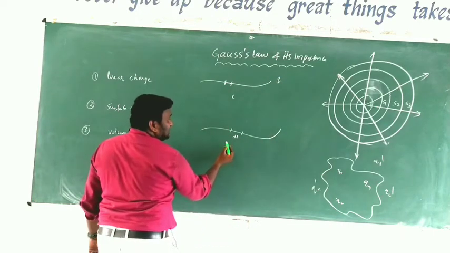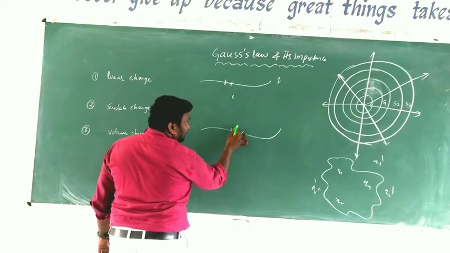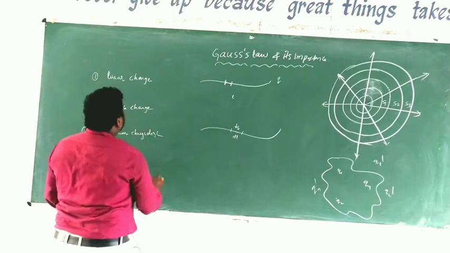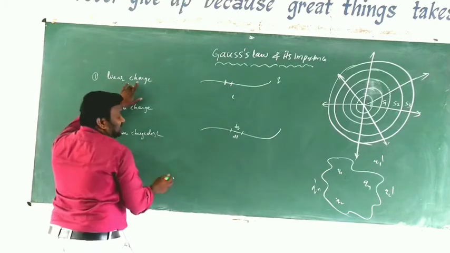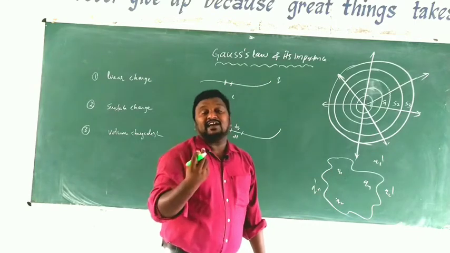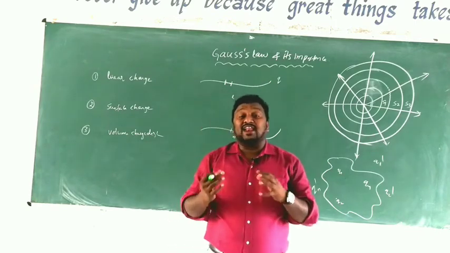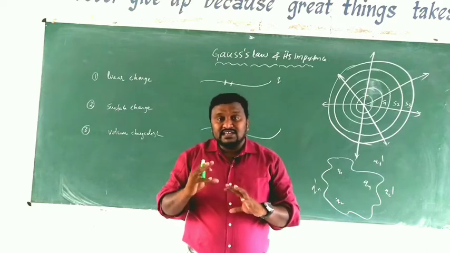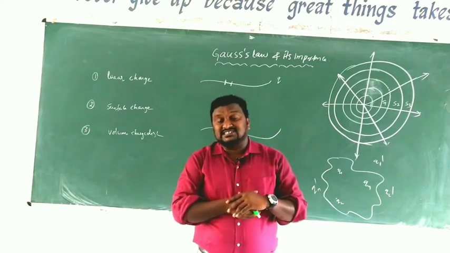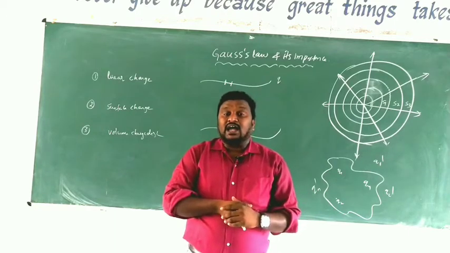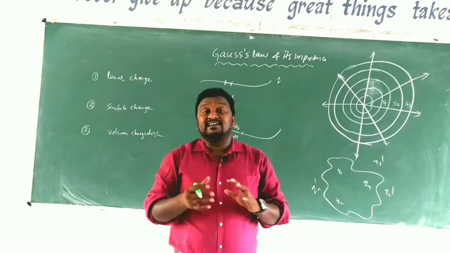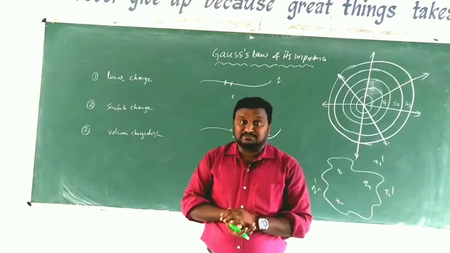If we consider the charge available on this particular element as dq, then here we write linear charge. Linear means nothing but line. The charge distributed along the length of the conductor is called linear charge density or linear charge distribution.